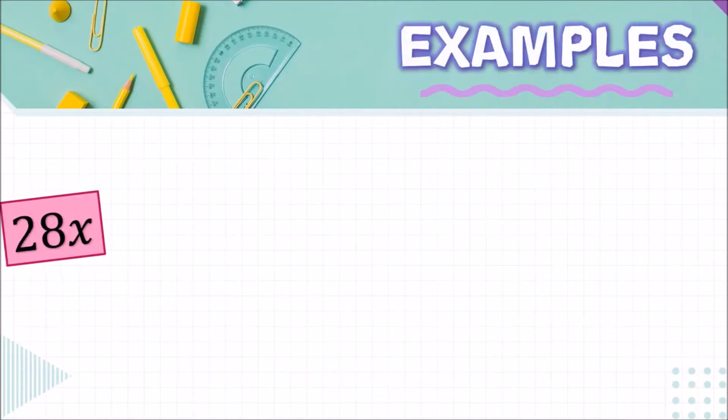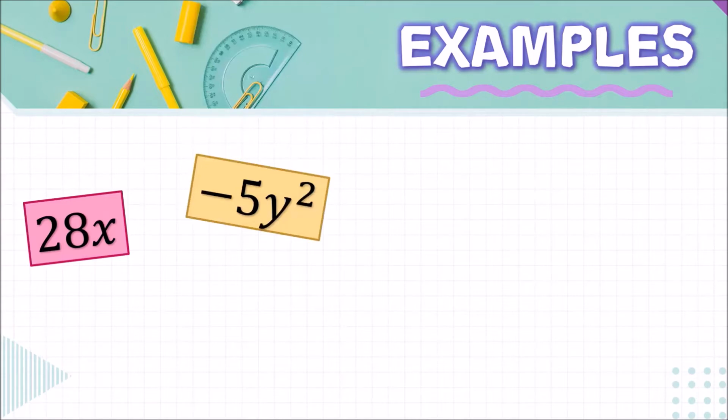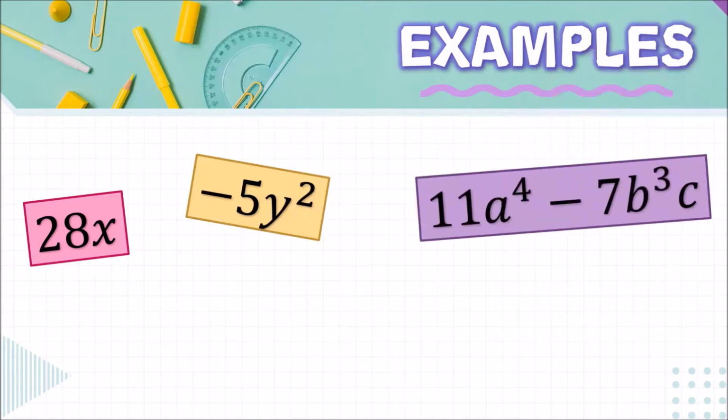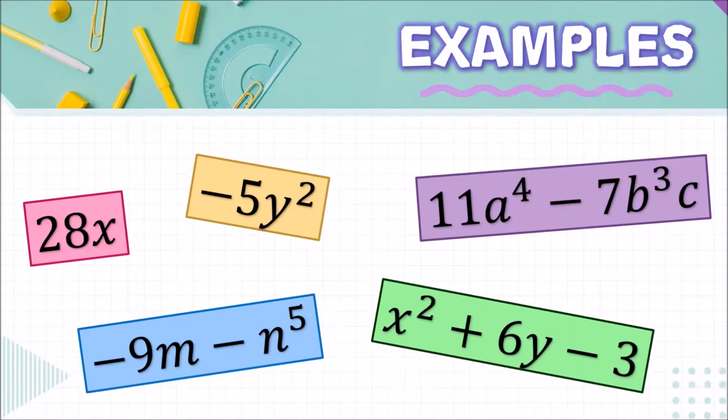Examples of polynomials. We have 28 negative 5y squared, 11a to the fourth minus 7b cubed c, negative 9m minus n to the fifth, and x squared plus 6y minus 3.